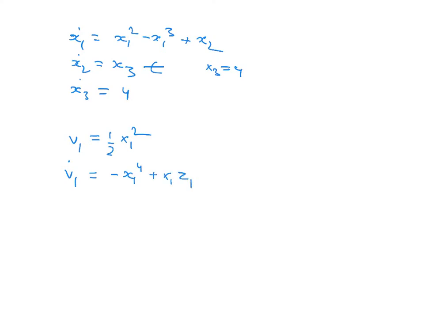Let's call it z1 this time. And your equations of motion were x1 dot was written as x1 squared minus x1 cube plus x2, and so instead of x2 it was z plus phi of x1, right? Remember?